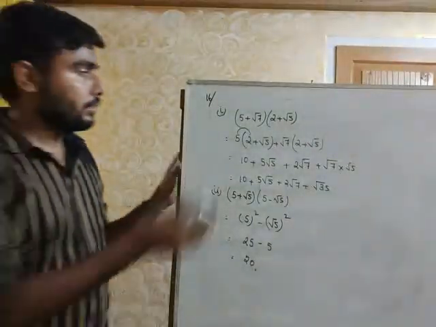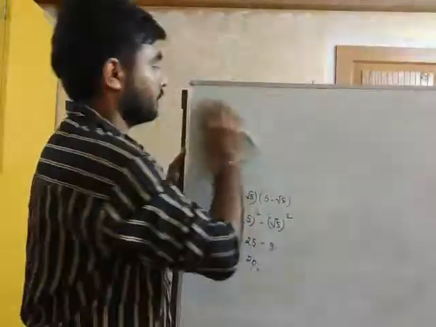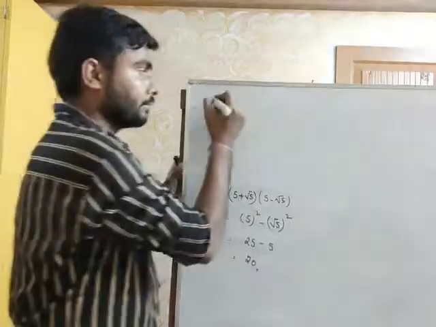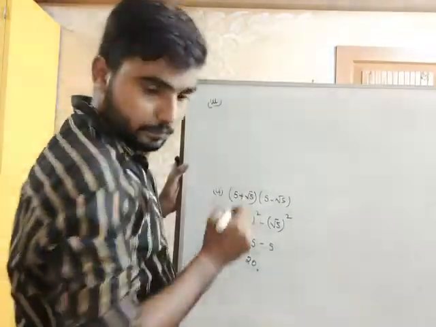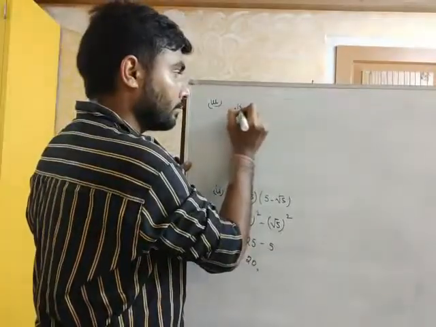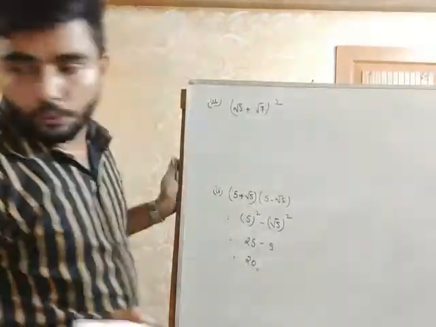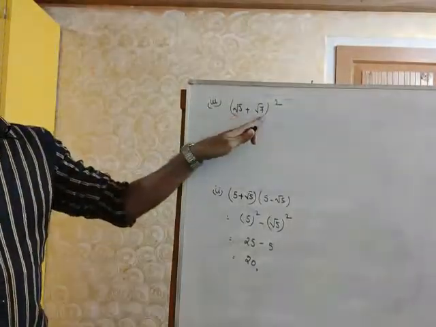The next number 3. Root 3 plus root 7 whole square. Now we all know this can be assumed as a and this can be assumed as b.